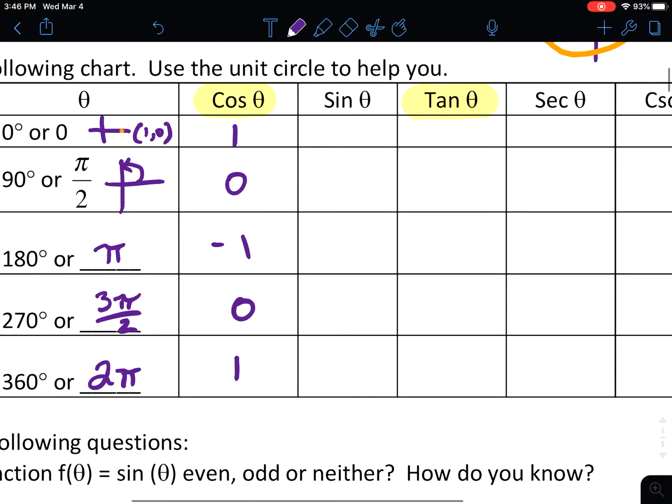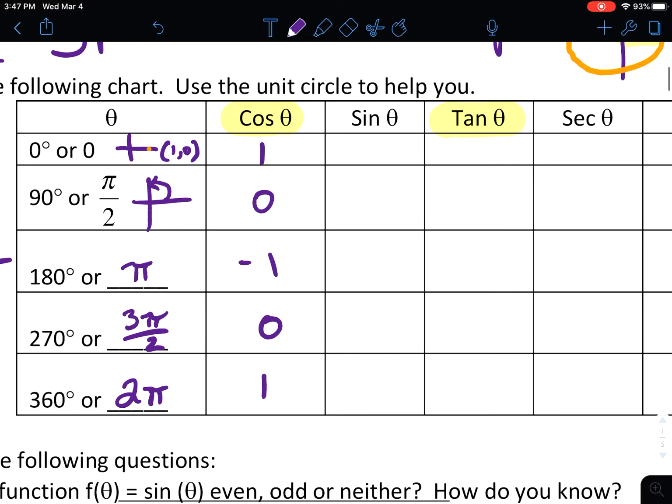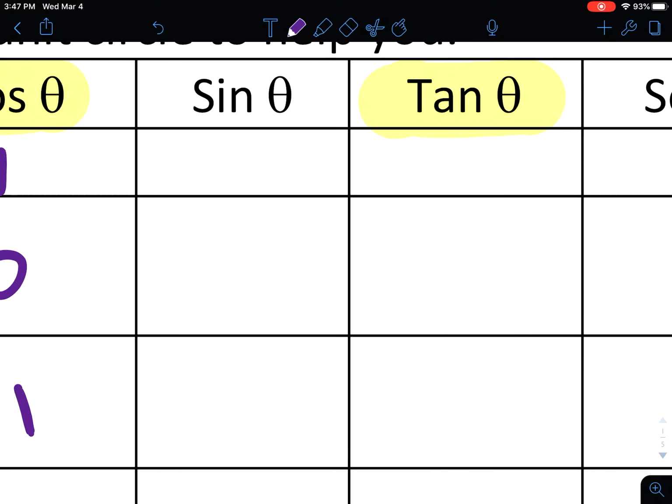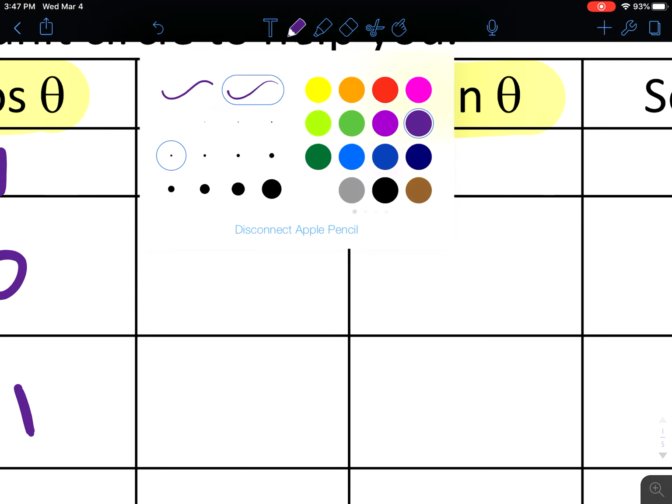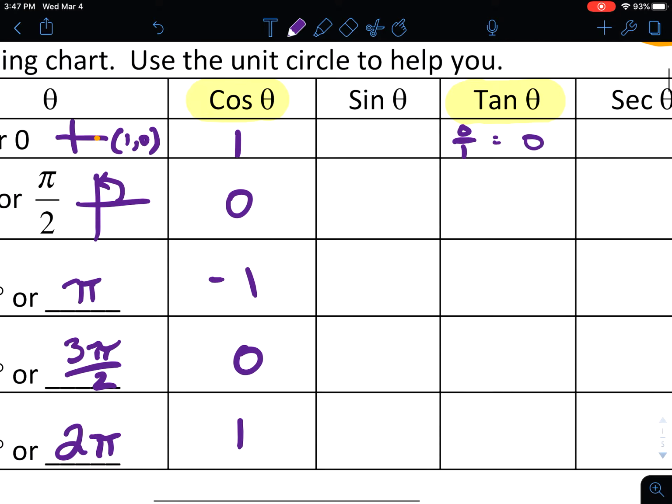Tangent is going to be super interesting here because it's going to be that ratio y over x. So in the case of 0 degrees, y over x is going to be 0 over 1, which is just 0. But at 90 degrees, pi over 2, it is going to be 1 over 0, which we know is undefined.